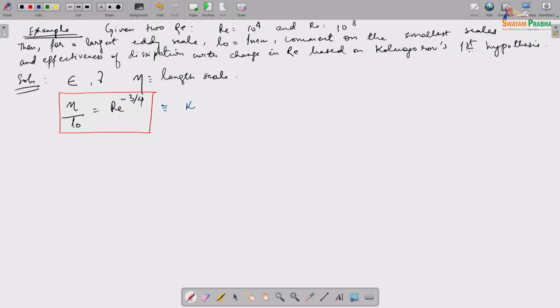And like I said, it is a length scale. Okay, so then let us calculate.